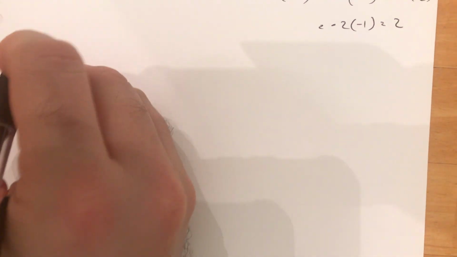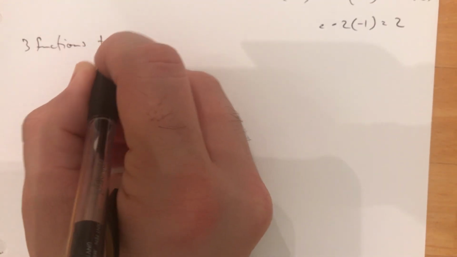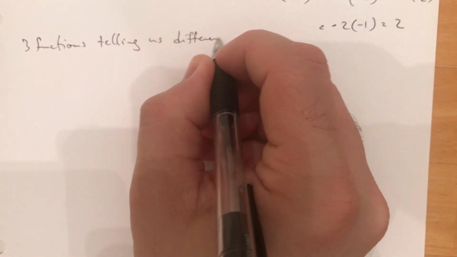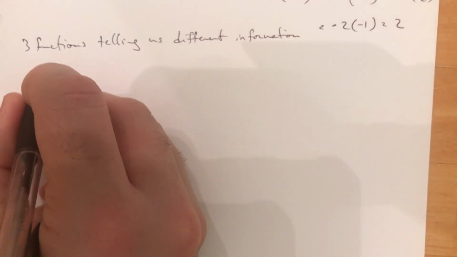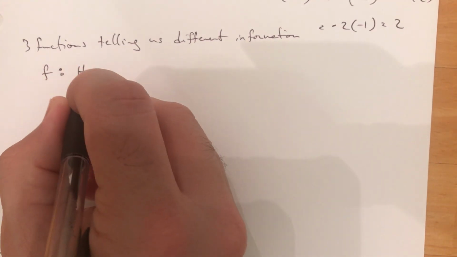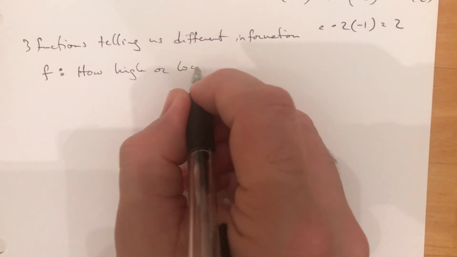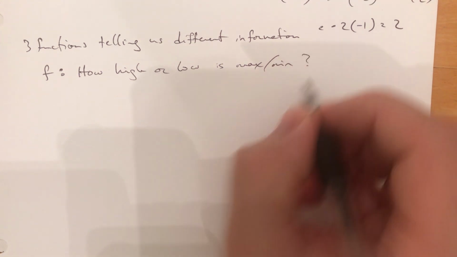But always, we have those three functions telling us different information. F, how high or low is that maximum or minimum value?